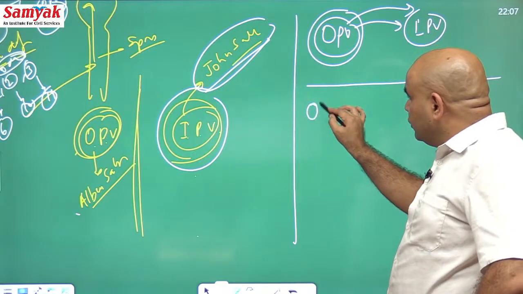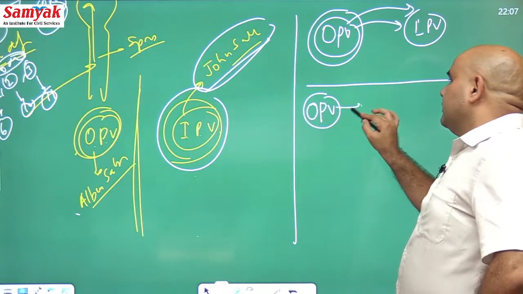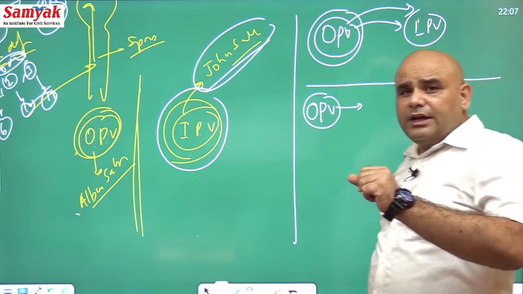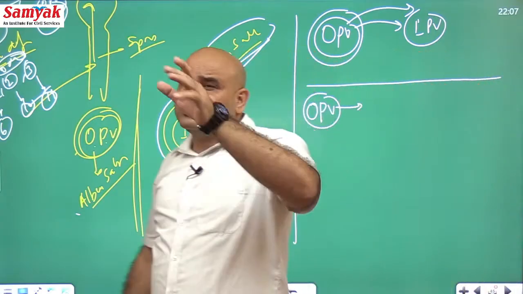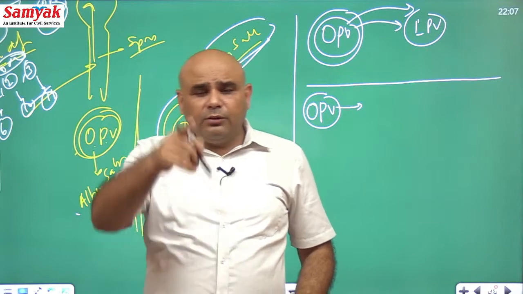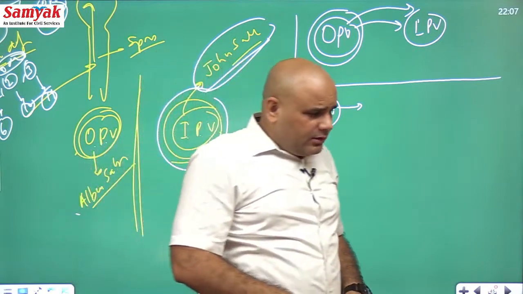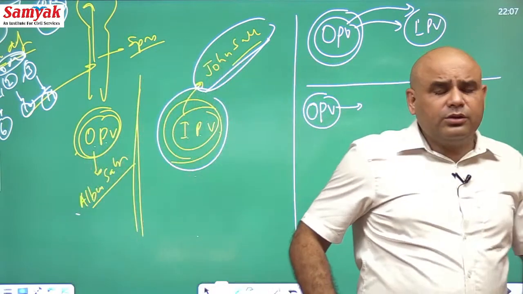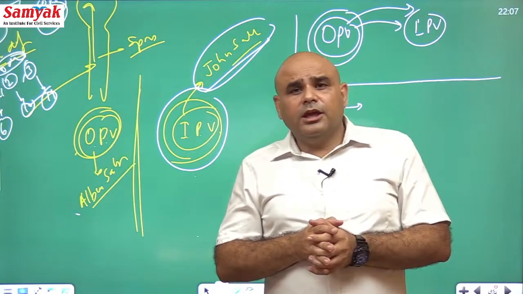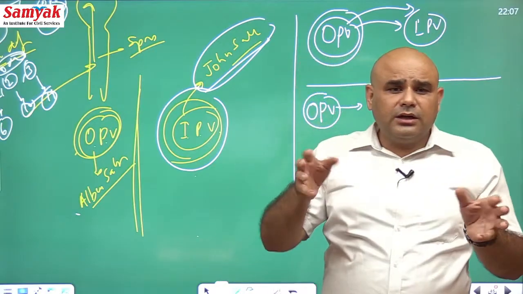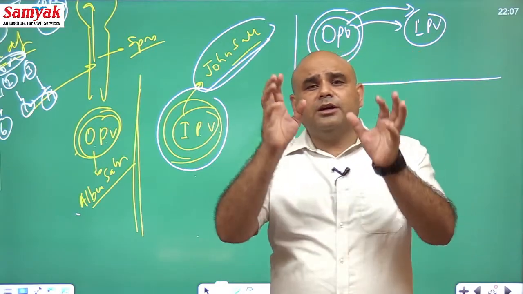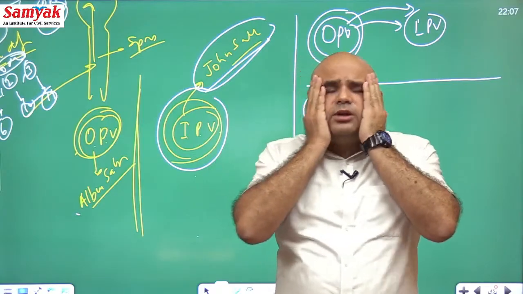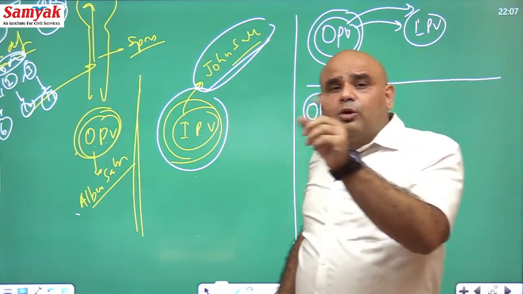First of all, we introduced only OPV. That was like your childhood. And that was my time when I was about to enter the college. You have to remember your childhood. There were missions going on, "Do boond zindagi ki, ek bhi bachcha chhoota, suraksha chakra toota." These were the terms used by government of India in different slogans. And that was the time when OPV was introduced.